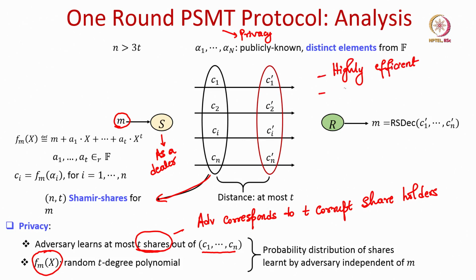Why is it highly efficient? Because it requires only simple computations. What are the computations required here? At the sender's end, it requires computing Shamir shares, and at the receiver's end, it requires running an instance of the decoding algorithm, and all of these are finite field operations, and there are standard fast algorithms to perform finite field operations, and that is why the computations performed here are very efficient.